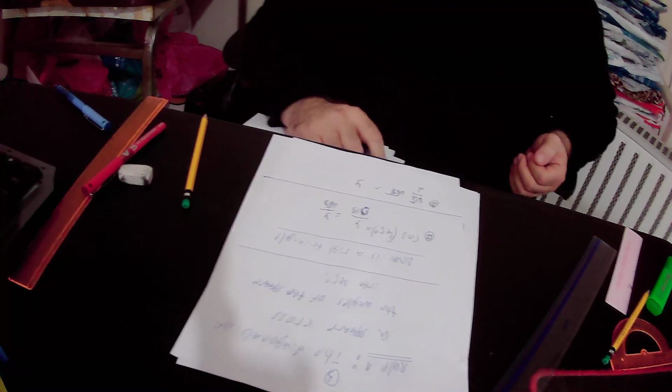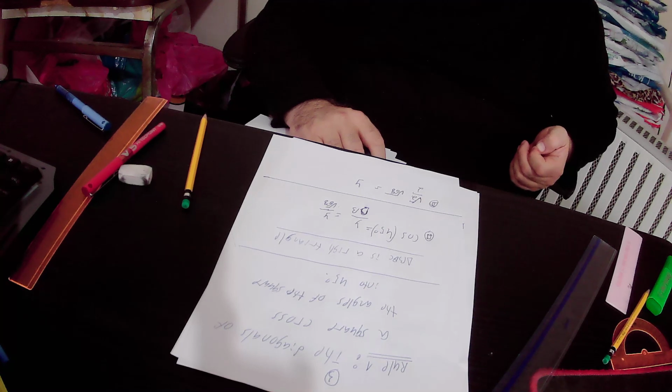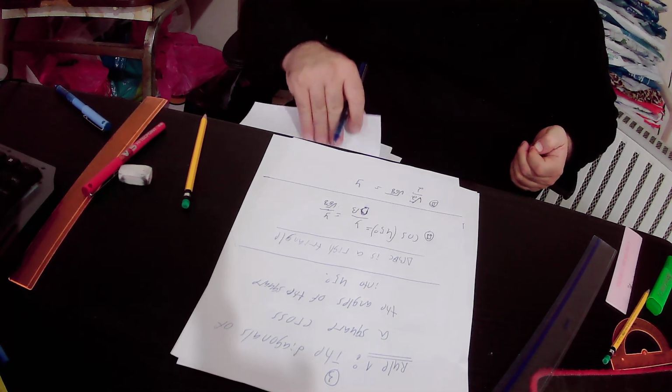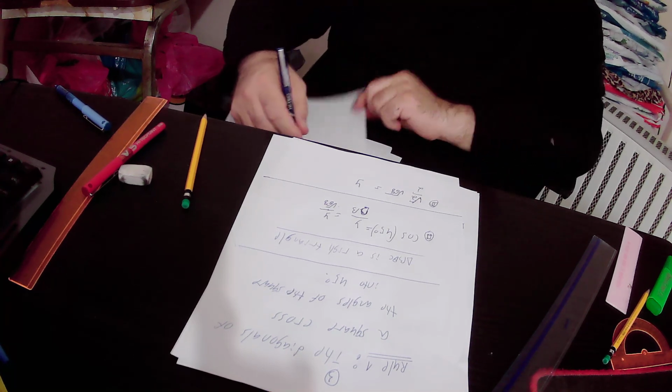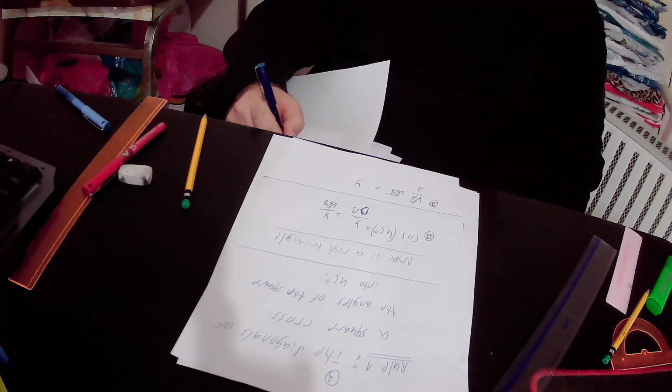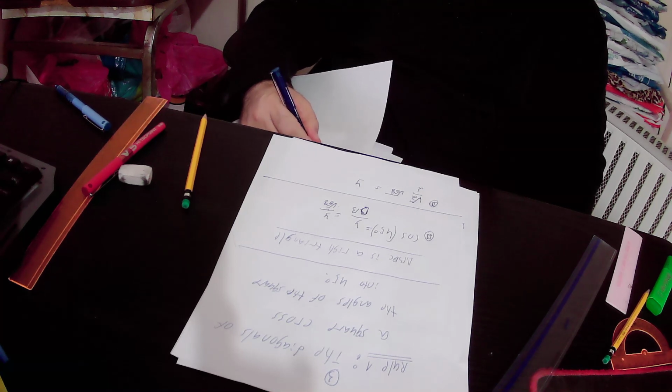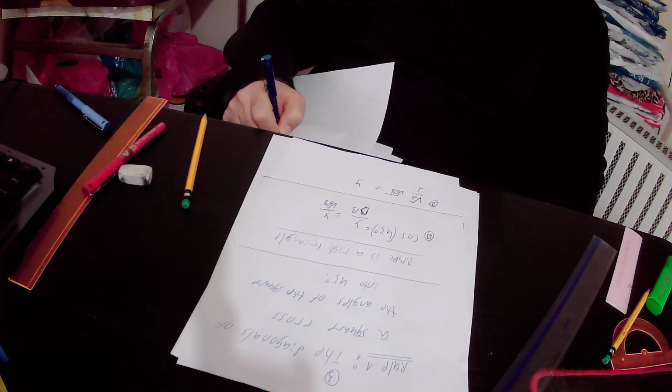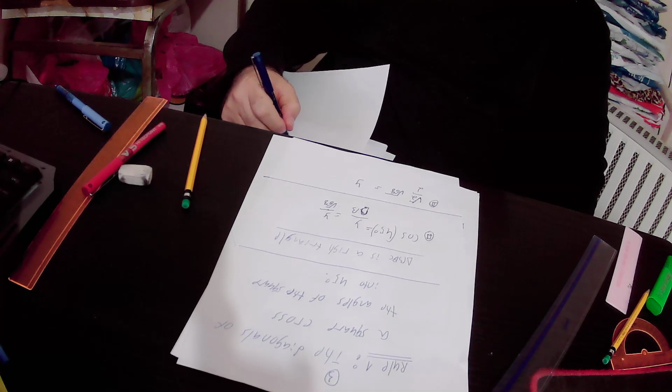We know that 68 is 34 times 2, so I write it down that according to equation number 2, root 2 over 2 times the root of 34 times 2 equals y.